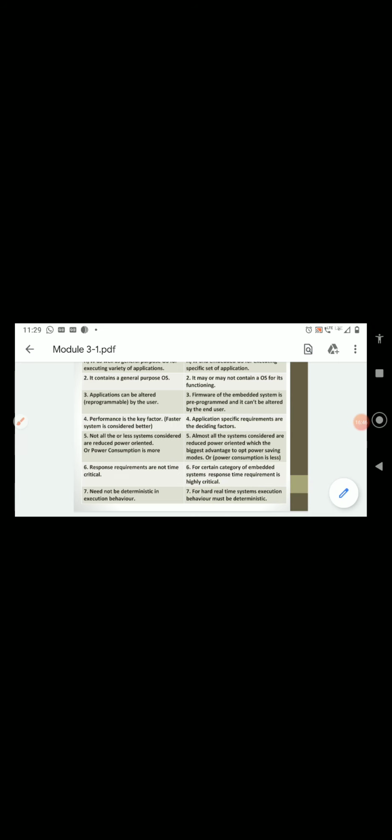That's why we have power saving modes available in embedded systems.